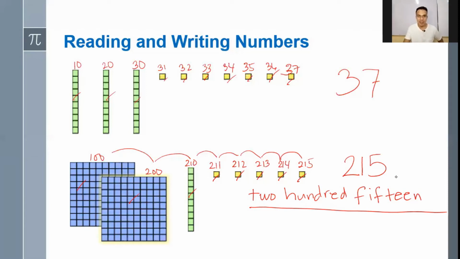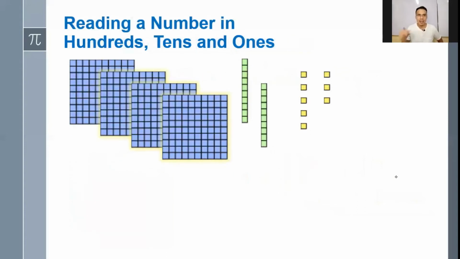Let's have another example. This time, we are going to read a number in hundreds, tens, and ones. My first question is always, how many blocks are there, or what number is represented by these blocks?